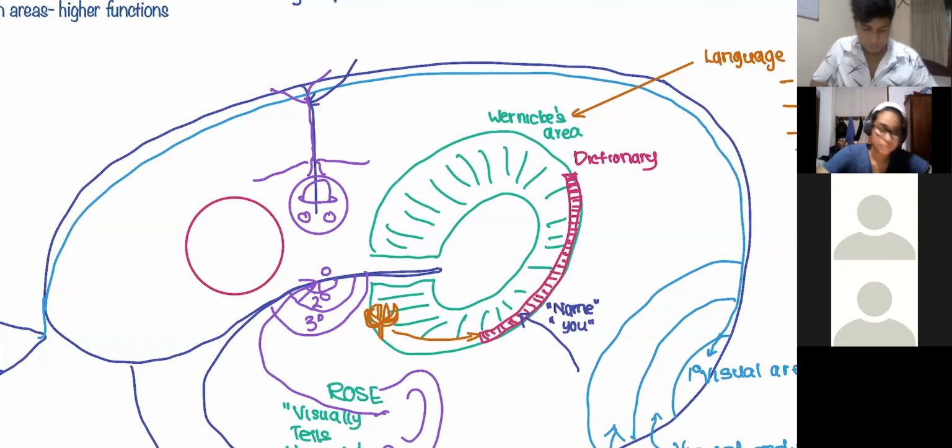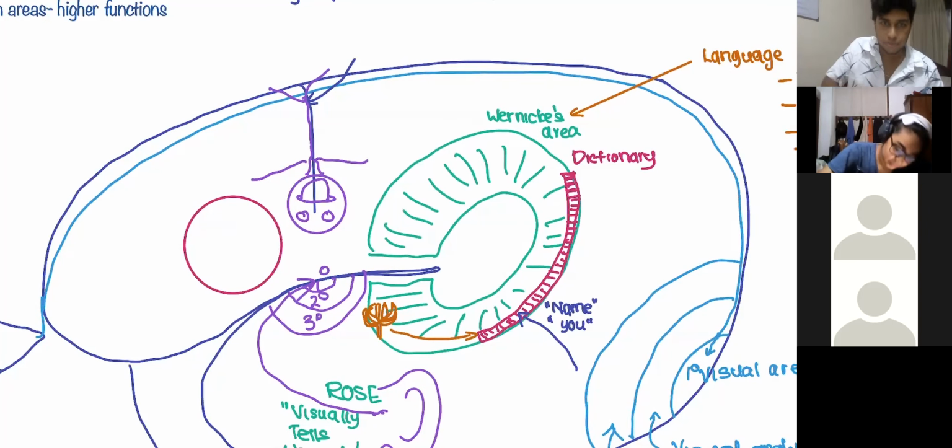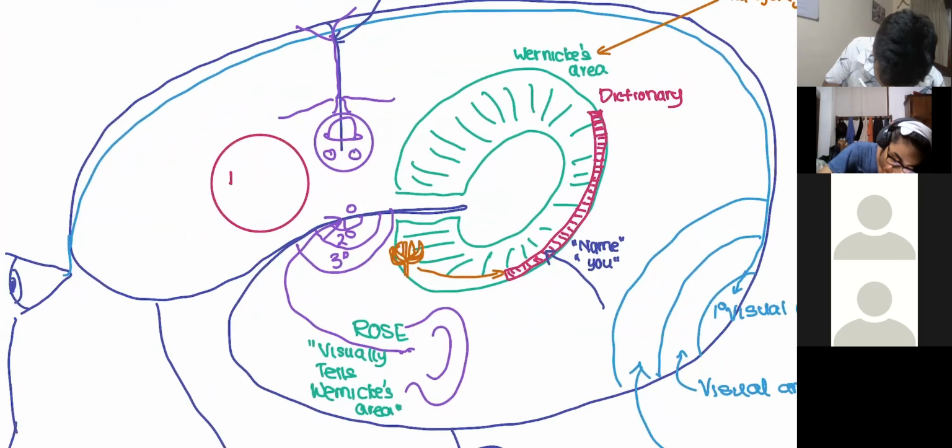If there's damage to the Broca's area, it is more likely you will have damage to the upper limbs also, and your speech. Do you guys understand till now? If you don't understand something, you can ask.